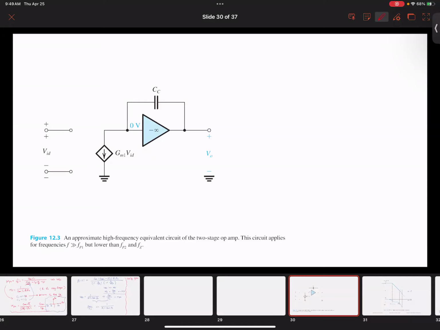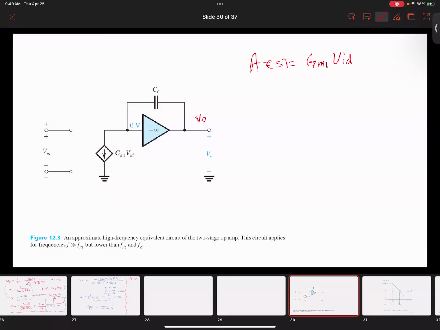Yeah, here. So our circuit gain becomes, let's call it A(S), equal to GM1 times VID. That's your input. Or in here, we can actually write the voltage from here.